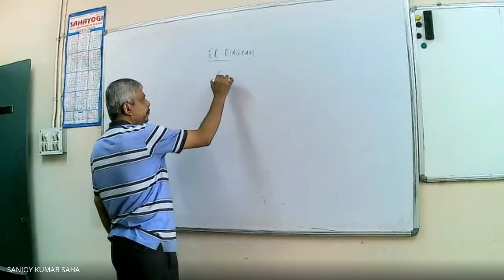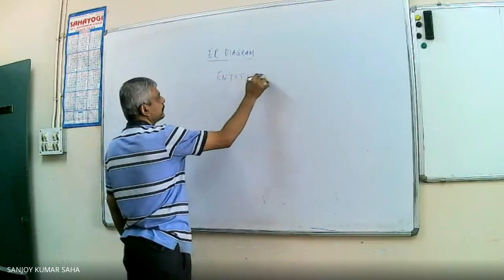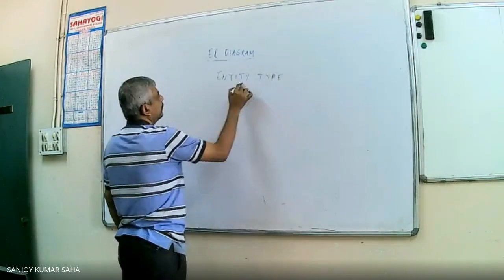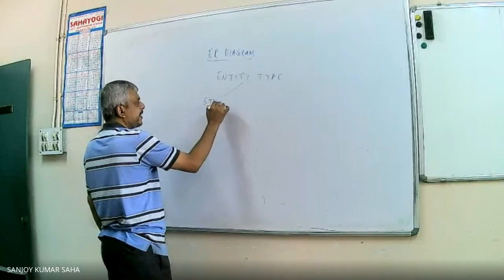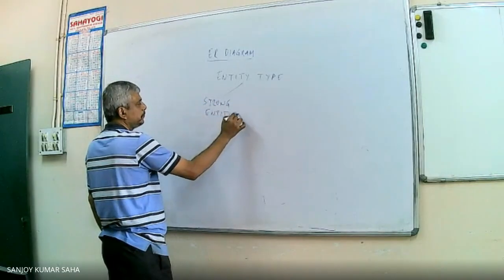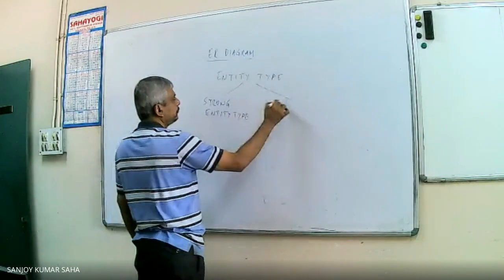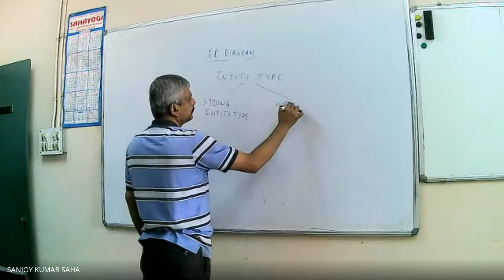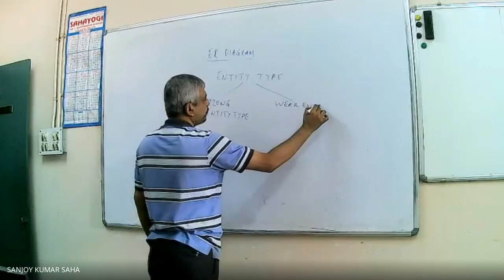Now, entity types: strong entity type and weak entity type.